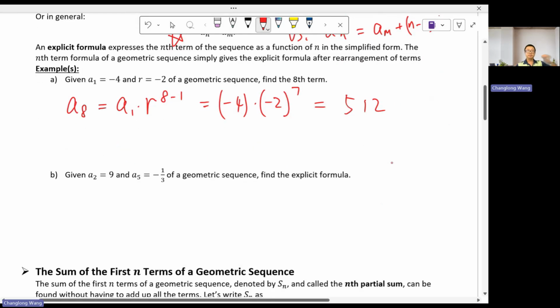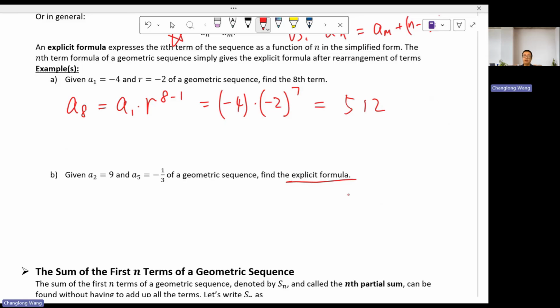Now let's do letter B. We want the explicit formula. Do you still remember that in the arithmetic sequence, the explicit formula is about a sub n? It has the n explicit there, so it's ready to go. Whenever you plug in any number for n, it will get you that particular term.